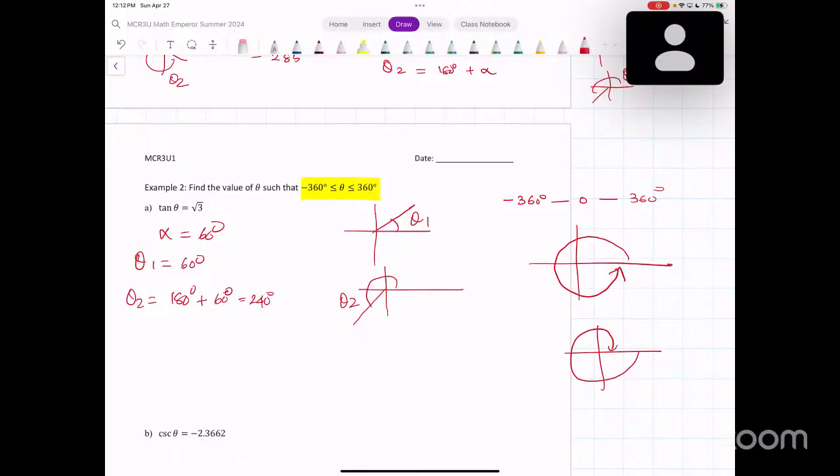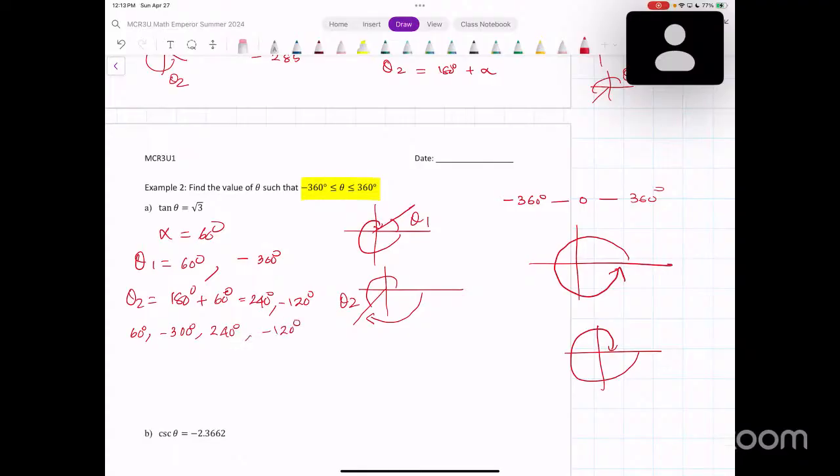Now, how do I find the negative ones? Pretty straightforward. All you have to do is find another possible angle. You need to go this way, negative. If you subtract 60 degree, negative 300. Another possible angle, you go this way. If this was 240, another angle possible is negative 120 degree. So all the possible angles are 60 degree, negative 300 degree, 240 degree, negative 120 degree.